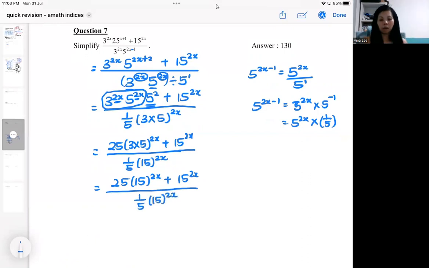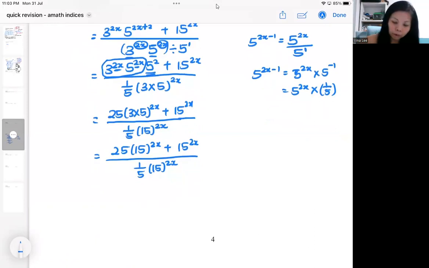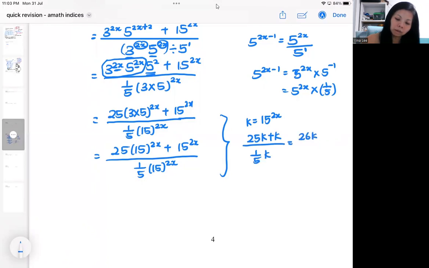Again, what can you do from here? If you are the kind who substitution works for you, you can think like substitution. You got 25k plus k, and you got 1/5 k. So you end up with 36k over 1/5 k.